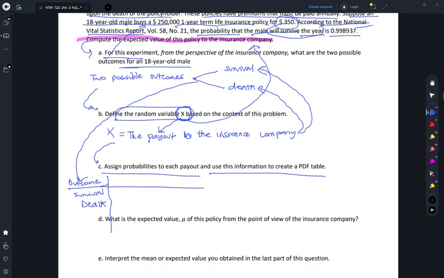And we have the corresponding value of X. In this case, that will be how much the insurance company is going to pay out if this 18-year-old survives the year.